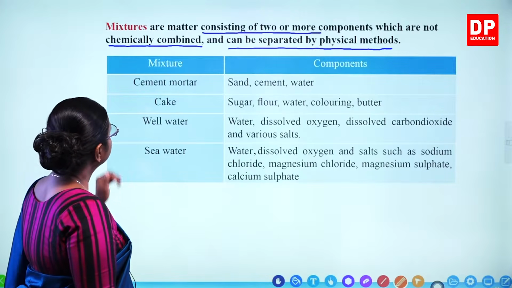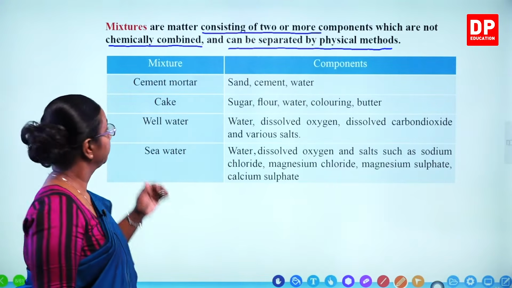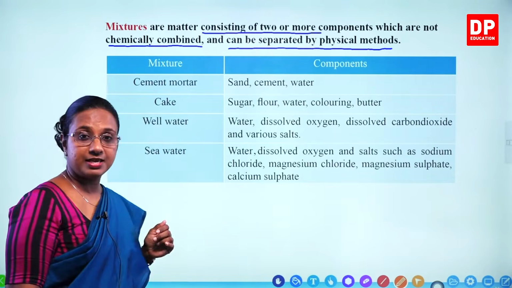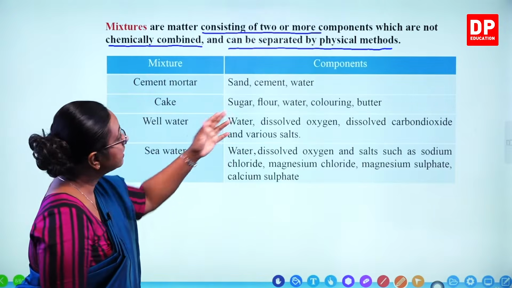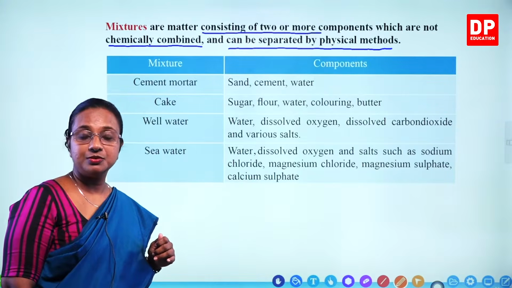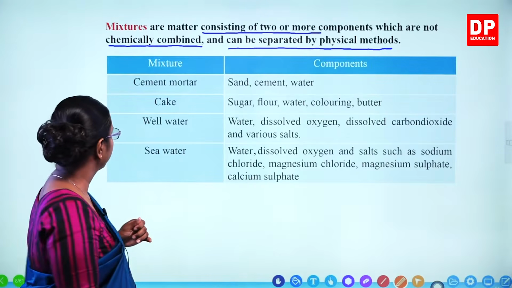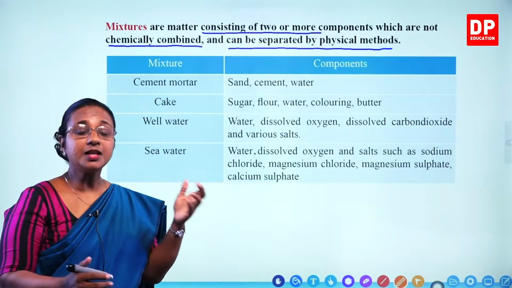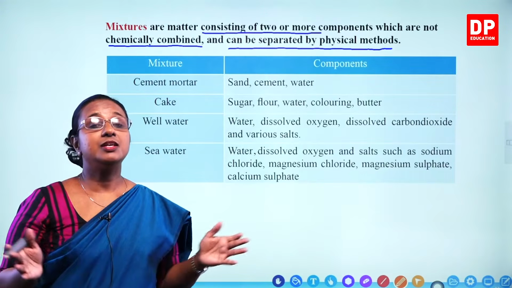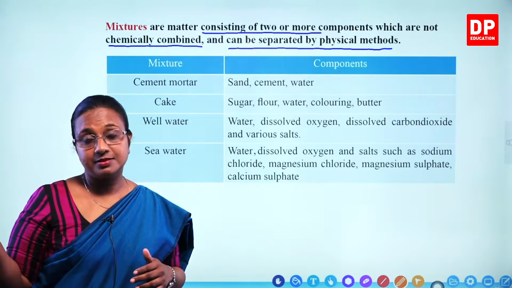So we will look at some examples. You can see here in this table some mixtures are given and the components present in those mixtures are given to you. The first one, cement mortar. This is a mixture that is used to make buildings.